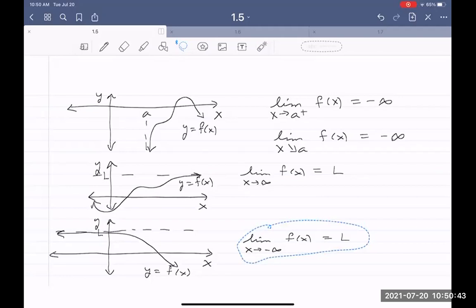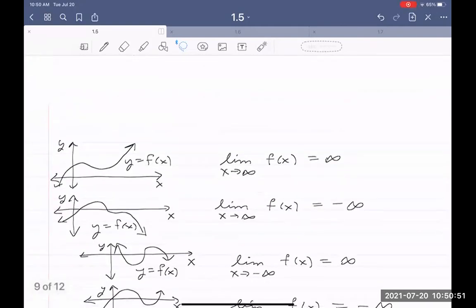So we say that the limit as x approaches negative infinity of f of x is equal to L. Suppose that as x gets larger, your y values also get larger and larger. Then, in that situation, we have that the limit as x approaches infinity of f of x is equal to positive infinity.